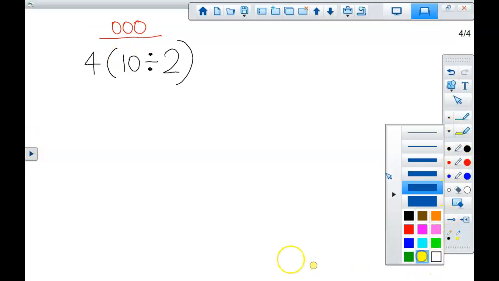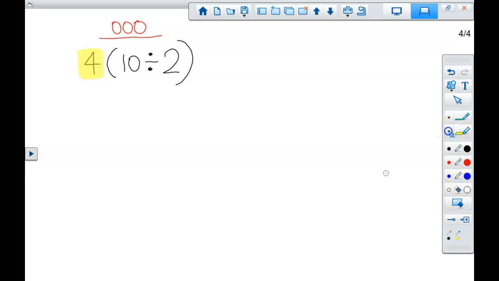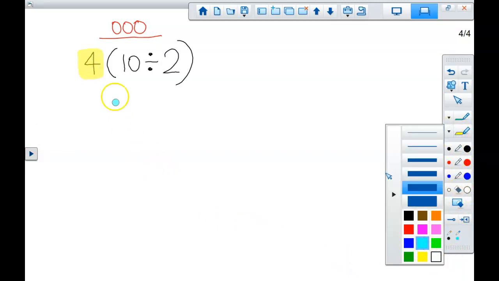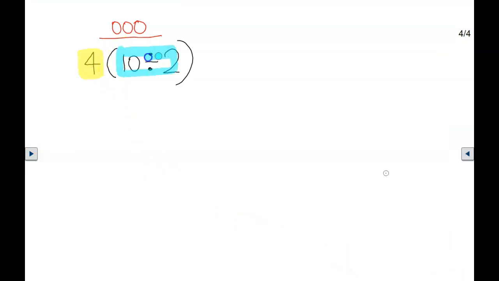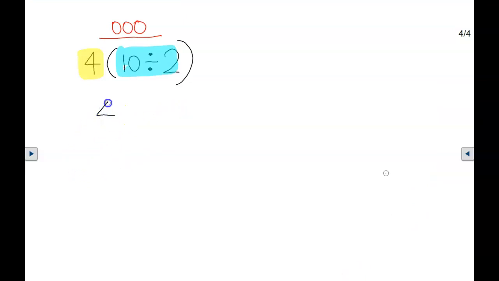So think about what the problem is saying. We want to take the number 4 and multiply it by this entire group, 10 divided by 2. Order of operations would tell us to do the group first, so 10 divided by 2 first. So that would give us 4 times 5. And then 4 times 5 is 20.